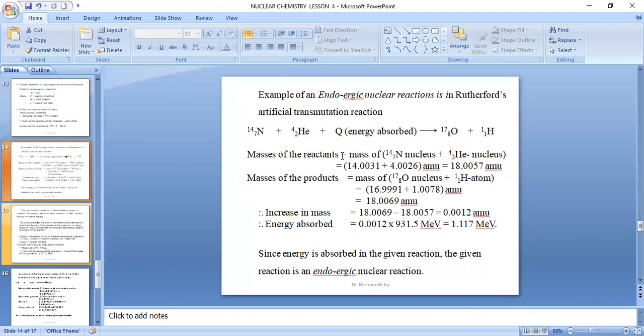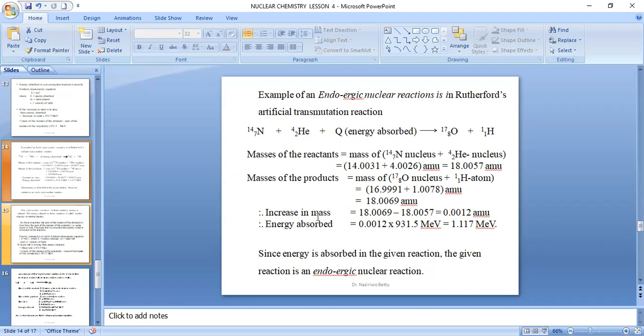So the mass of the reactants is equal to the mass of nitrogen-14 nucleus plus the mass of the helium nucleus, which is equal to 18.0057 mu. The mass of the product is equal to the mass of oxygen-17 nucleus plus the mass of the proton, which is equal to 18.0069 mu.